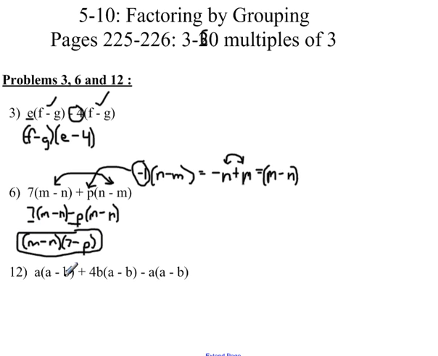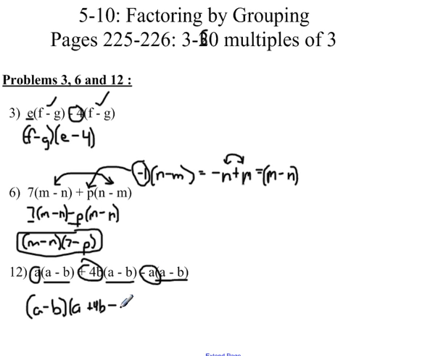Then in number 12, the only way that it's different is you have 3 separate terms. So you've got the a minus b's in common. When you pull those out, that will be your first binomial as a factor. And then in your second set of parentheses, you're going to have what remains. So you have the a in front of this one, the plus 4b here, and then you have a minus a here.